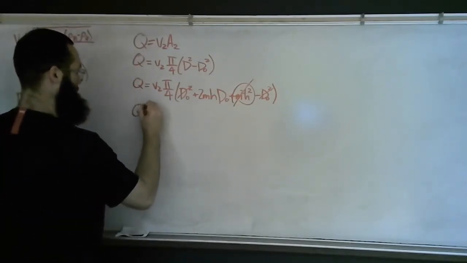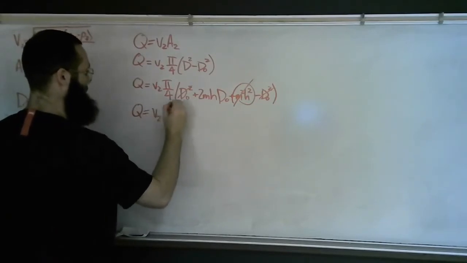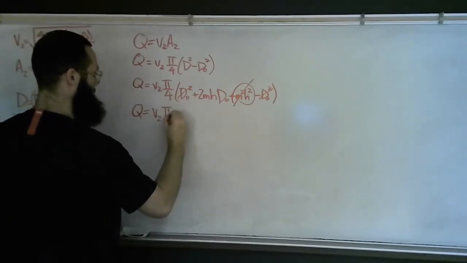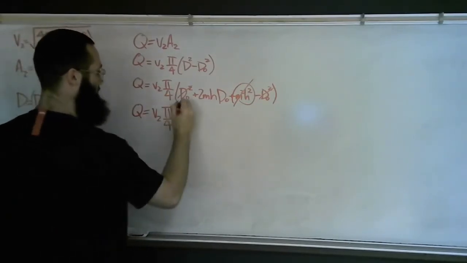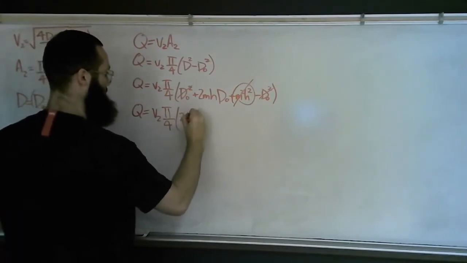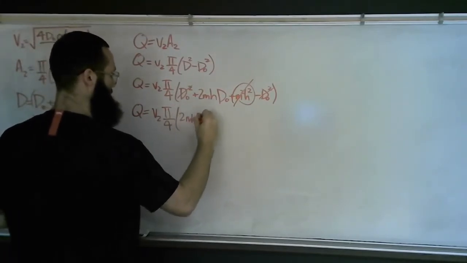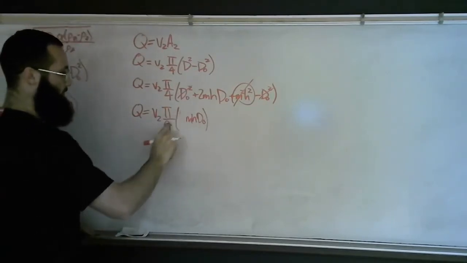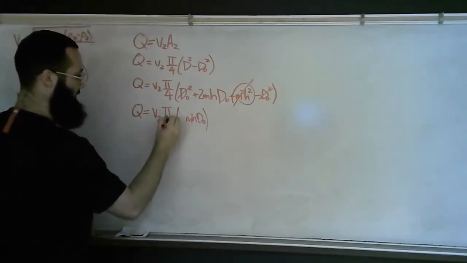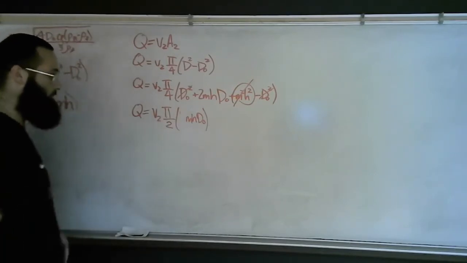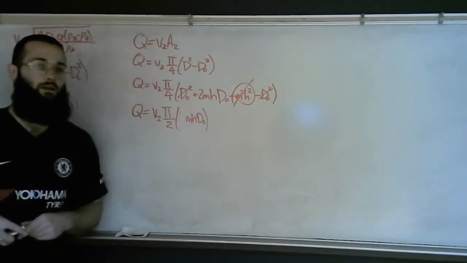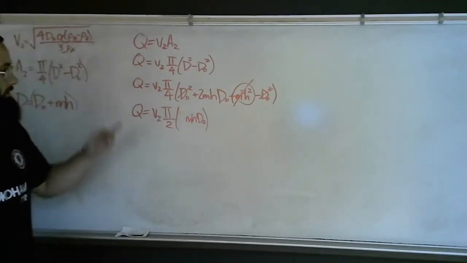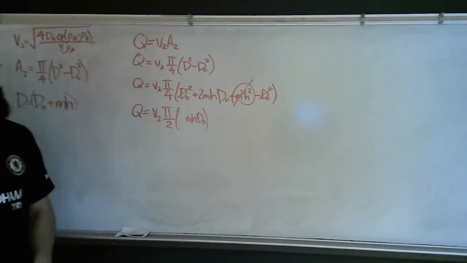So that gives us the volumetric flow rate is equal to V2 times pi over 4 times 2 n h d naught. And then this 2 and 4 will cancel. It gives us a 2 on the bottom. And so that will be our volumetric flow rate. And now what we can do is plug in the velocity.